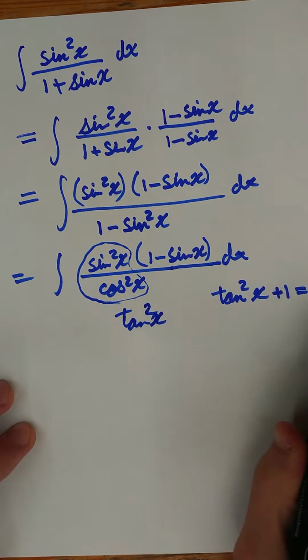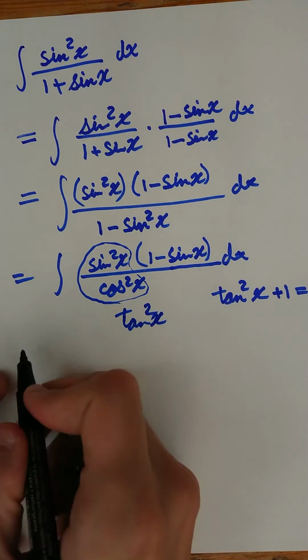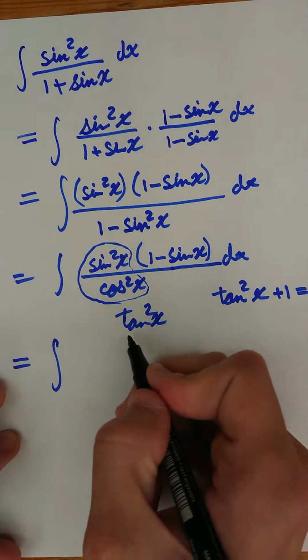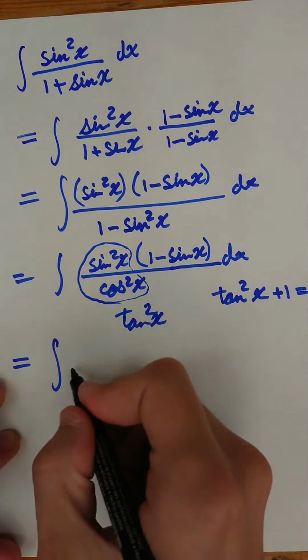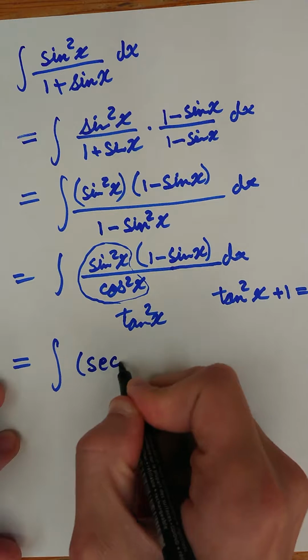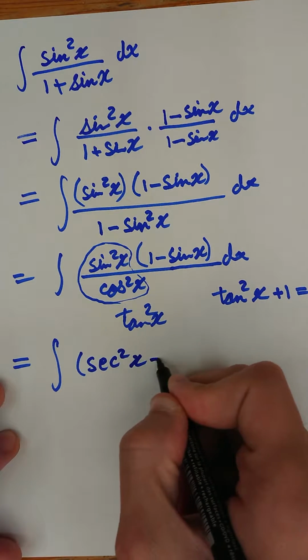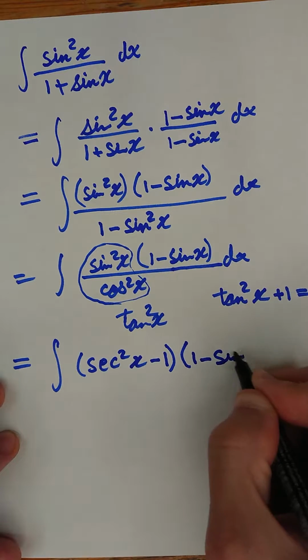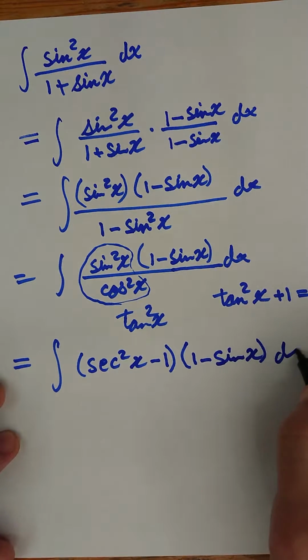So tan square is sec square minus 1. So we will have a sec square x minus 1 multiplied by 1 minus sine x dx.